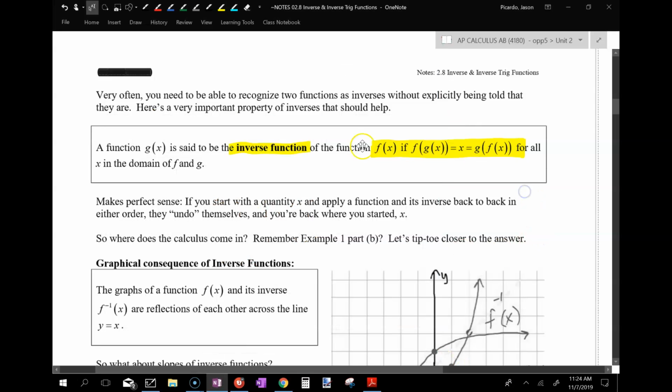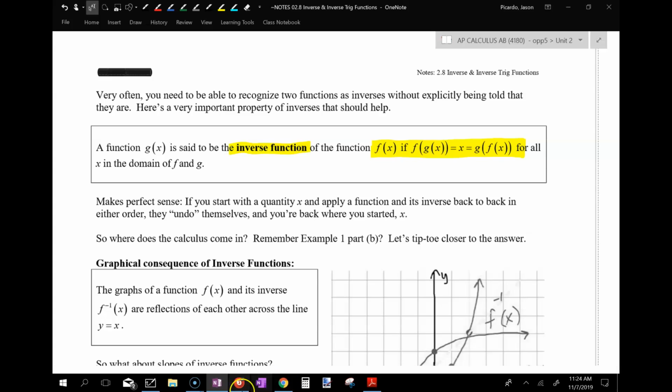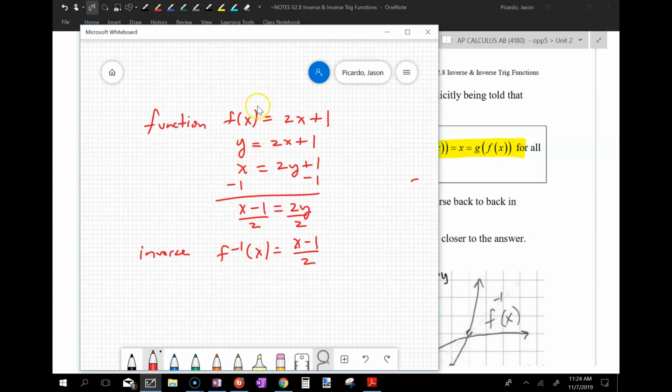All right. Well, what this rule says is if I have two functions and I need to know if they're inverses or not, one way I can do it is by accomplishing this task. And what this task says is if I take this and plug it into that, I should get x.